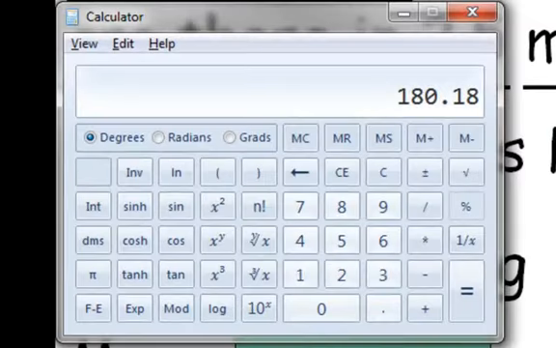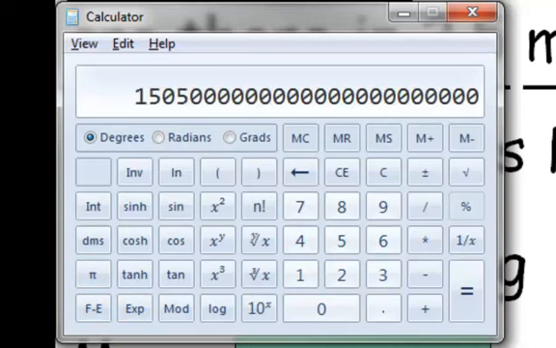So here if we take 2.5 times 6.02, and again we're using that E function, 2, 3, we get a fairly large number. So let's put this number into scientific notation.